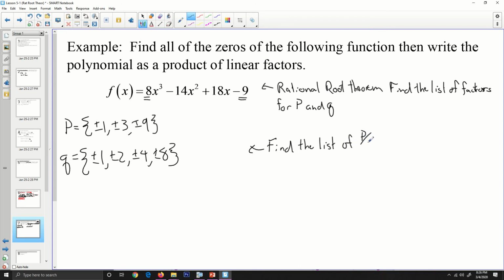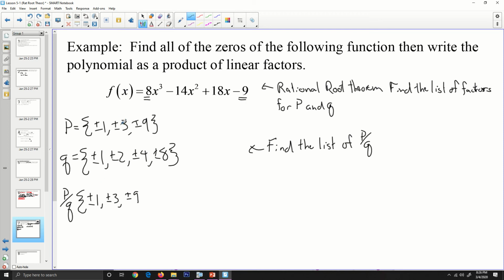So find the list of P over Q. All right, so this ends up being pretty long. I'm going to go all of my P list over all of my Q's, so I have a long list of combinations. So 1 over 1, 3 over 1, 9 over 1. Those are all just going to be the integers 1, 3, and then 9.